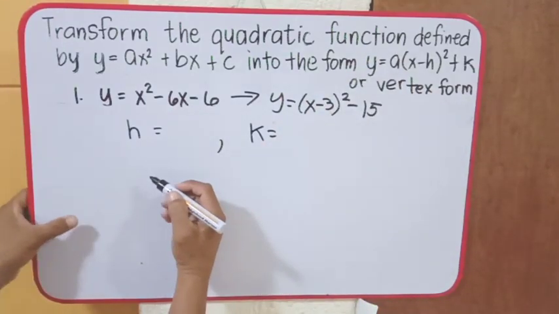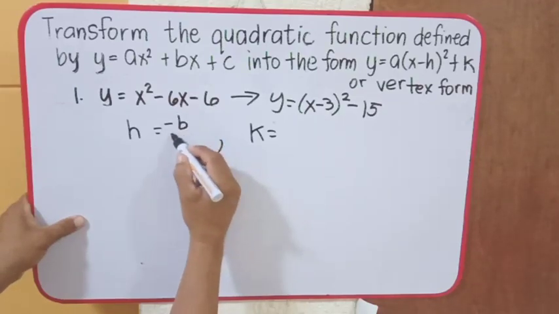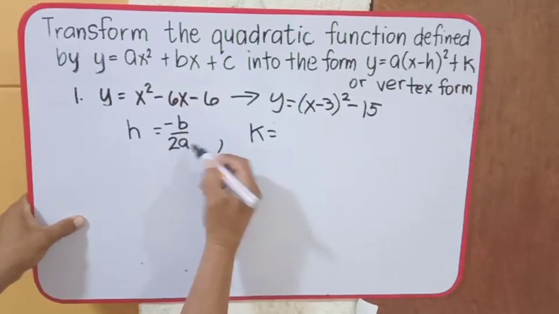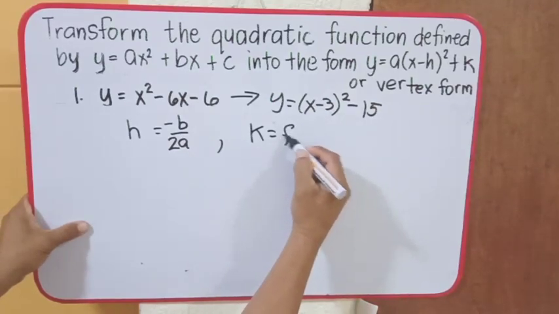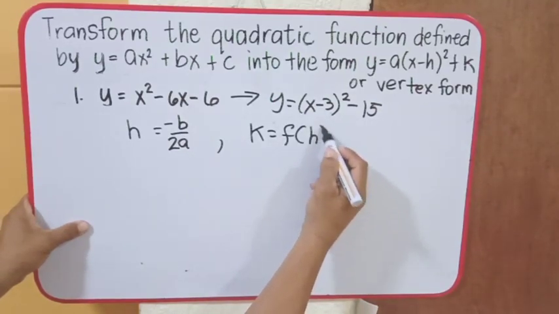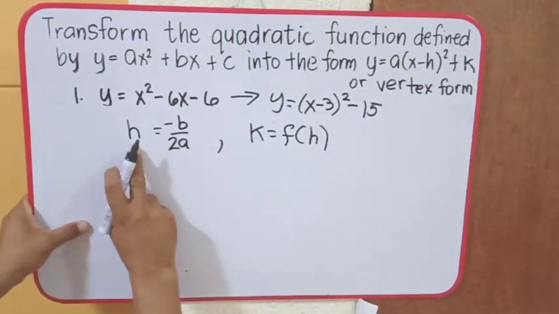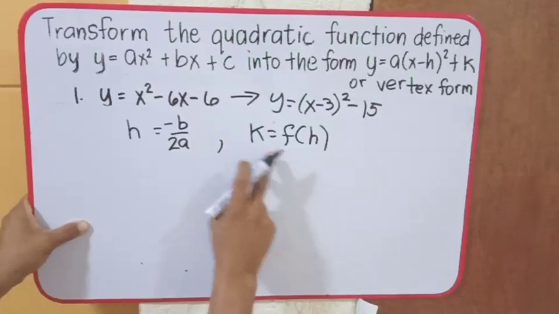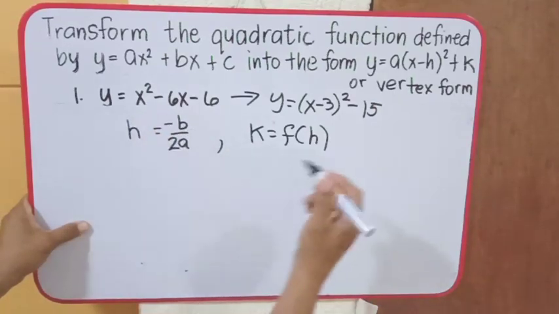Ano ba yung formula ng h? Ang h ay may formula na negative b over 2a. At ang k naman ay equal sa f of h. Ibig sabihin, yung f of h na yan, kung ano yung nakuha ng value ng h natin, isa-substitute natin doon sa value ng x.